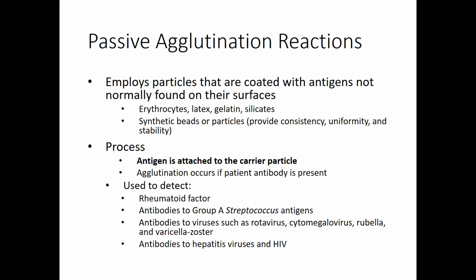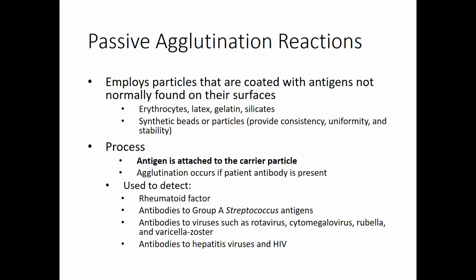So we force antigens onto their surface to use these as a carrier for the antigens. Synthetic beads and particles provide the most consistency because they're manufactured, versus a red cell, which has different sizes, different shapes, different lifespan. So synthetic beads are the best carrier if we can use them.